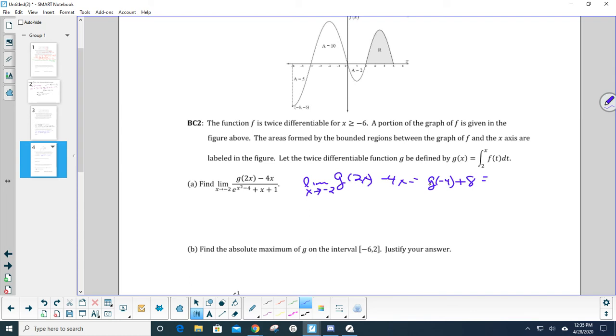If f is the graph given, they're telling us right here, I can sub the -4 into this integral right here. I'm going to have the integral from 2 to -4 of f sub t dt plus 8. If I work that out, I get a 0, correct?